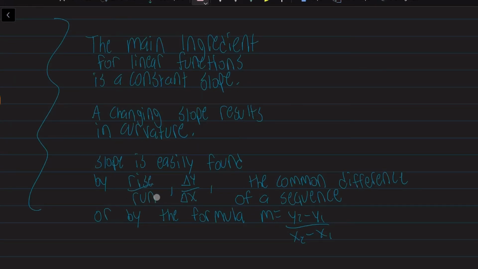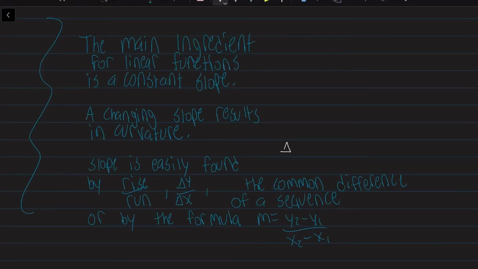If you only know the coordinates, then what you do is you find the change. This triangle symbol means change. The literal translation of it is the word delta, because the triangle is a letter from the Greek alphabet. When we use it in math, what we mean is the change between something.